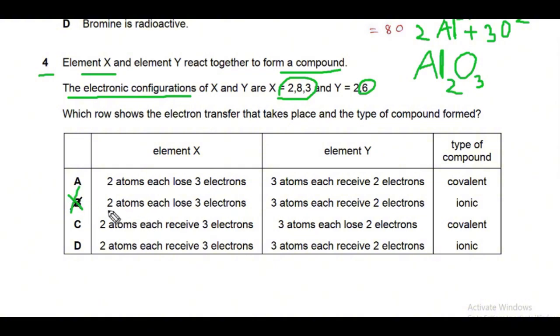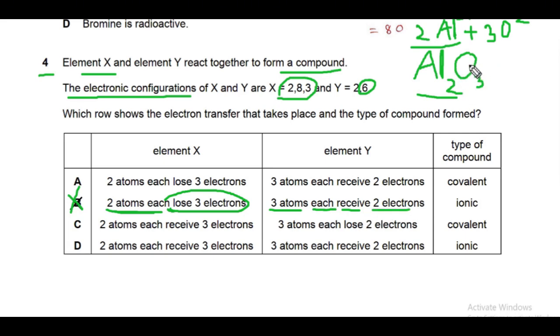You see, two atoms each lose 3 electrons. In Al2 there are 2 atoms, and every atom loses 3 electrons to form 2Al3+, and for Y, 3 atoms, each atom receives 2 electrons.